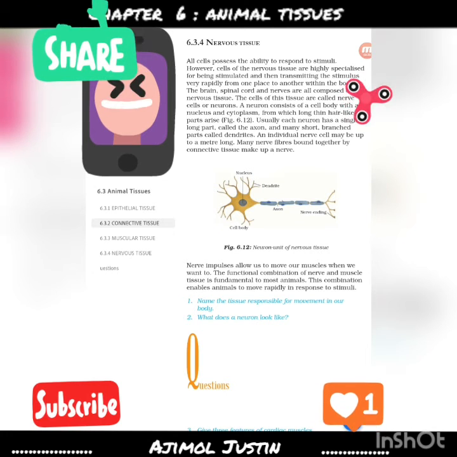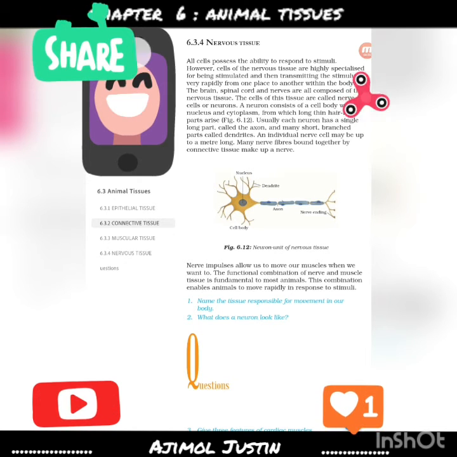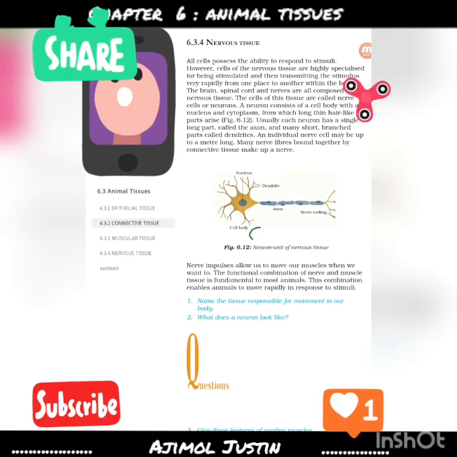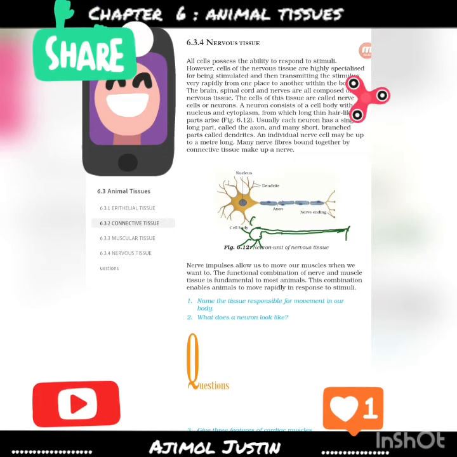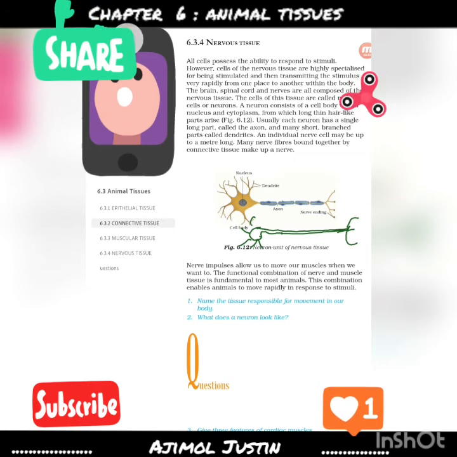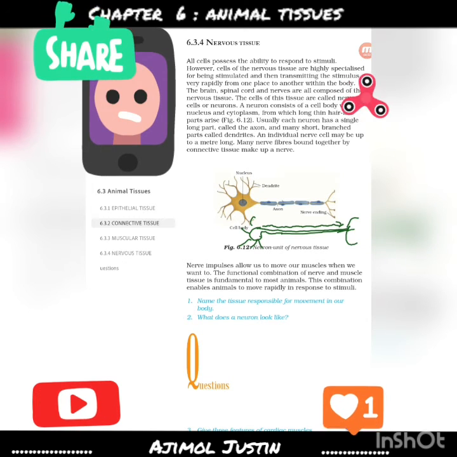Here, just imagine this blue color thing is not there. Okay, this blue color myelin sheath is not there. So the axon looks like this, and there is no myelin sheath. So what happens? The message needs to pass the entire length of the axon.